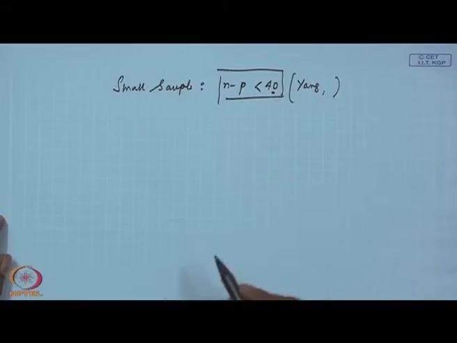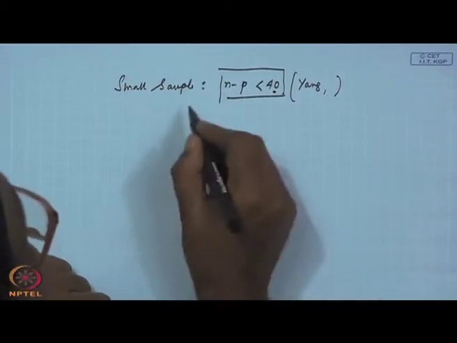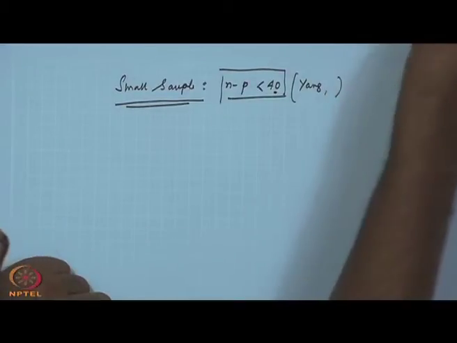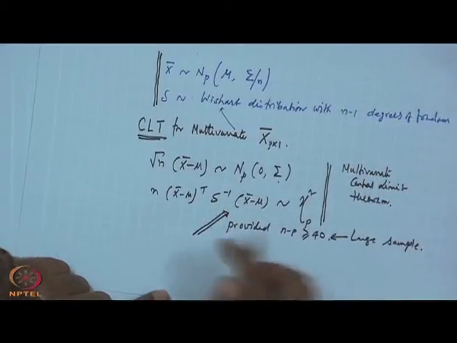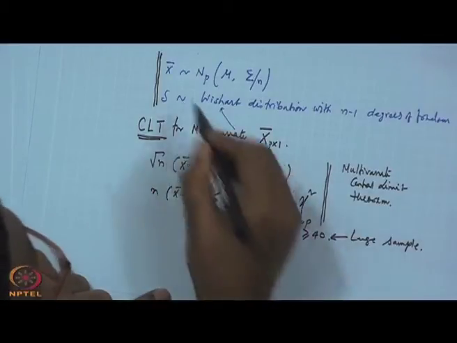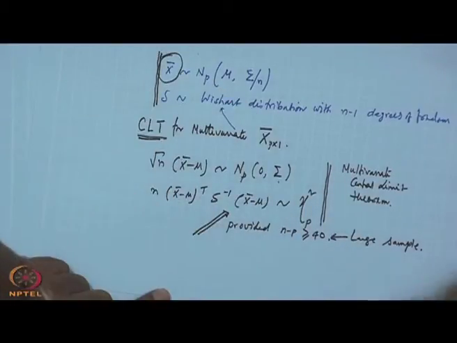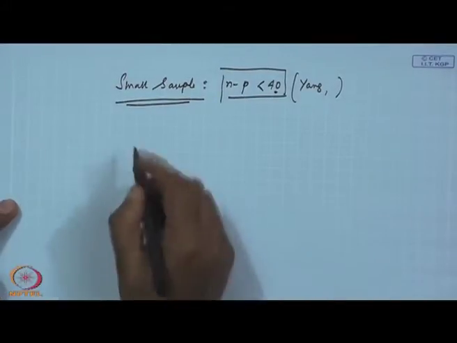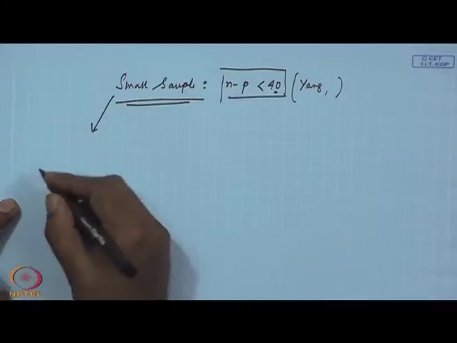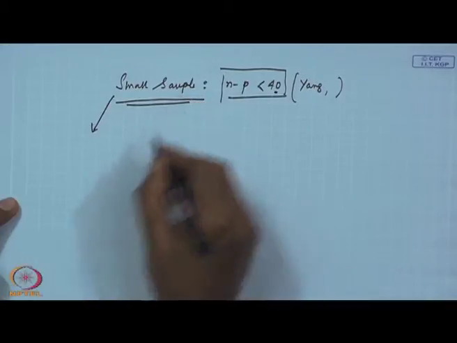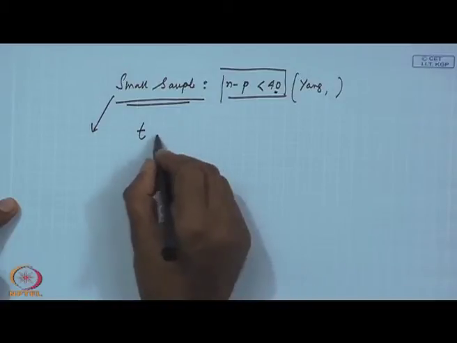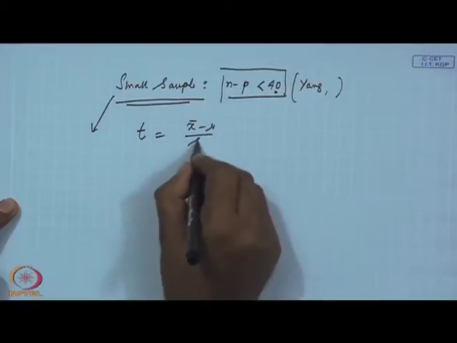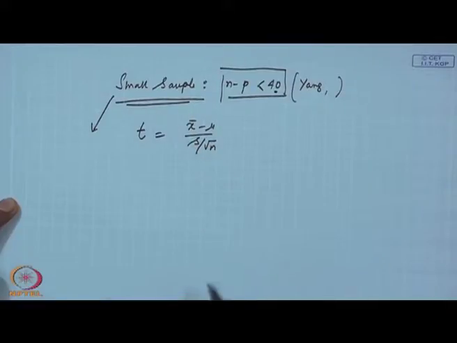Okay. Now, let us see how we develop the distribution for the required statistic for x bar when your sample size is small. What we have seen earlier in the univariate case, when your sample size is small, you have used the t distribution, T equal to x bar minus mu by S by root n.